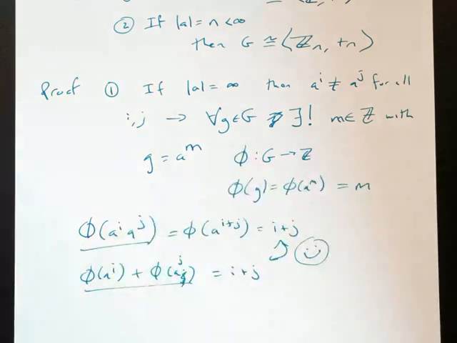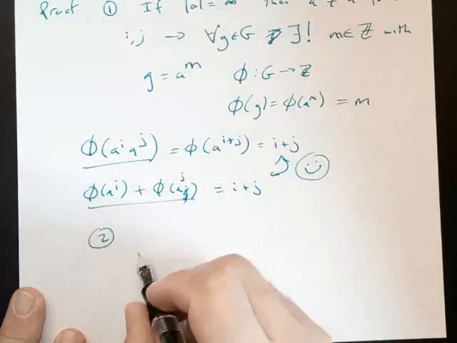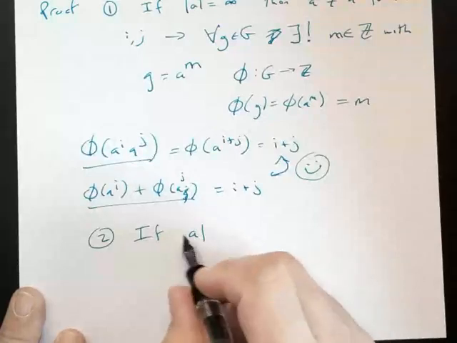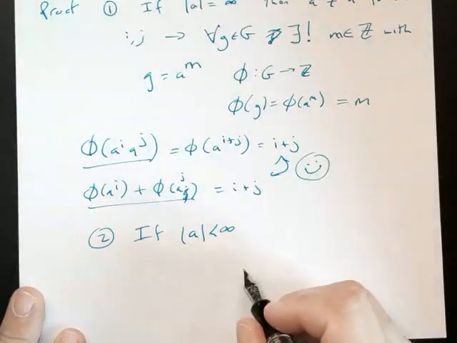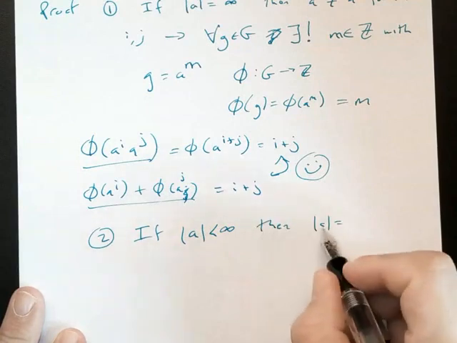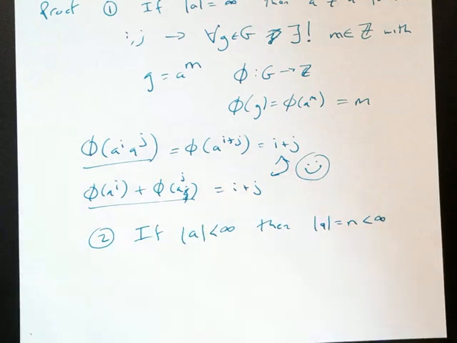Now this was set up for the infinite case. Let's look at the finite case. If A is finite, then order of A equals n. Well, what does that mean?